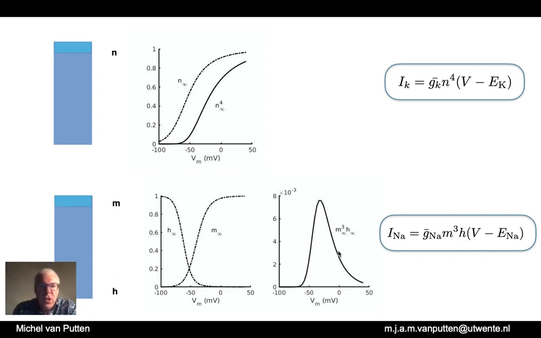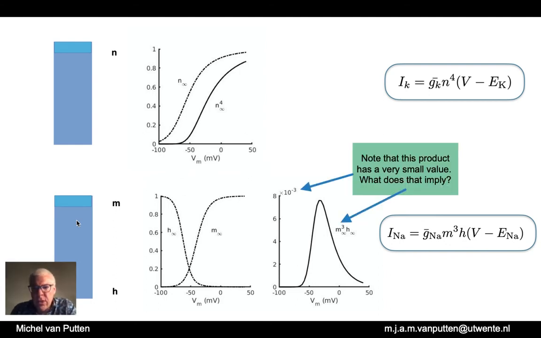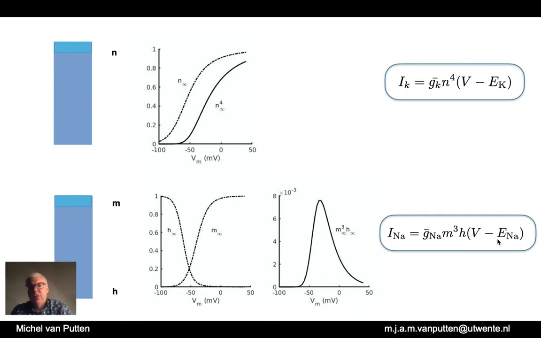Of course, it takes some time to open and close the door, so there's also a time constant involved that I will discuss on the next slide. But the sodium current is given by the maximum sodium conductance times M to the power of 3 times H, and again times the difference between the membrane voltage and the Nernst potential of sodium.